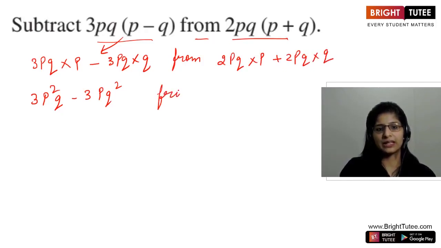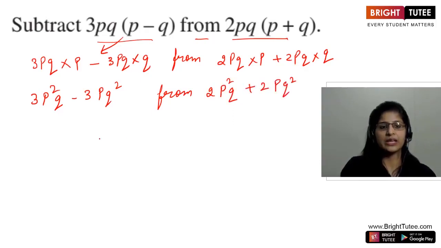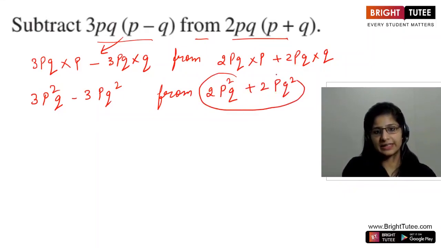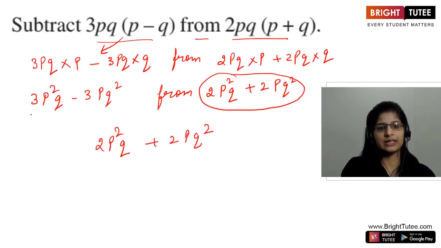So we have to subtract it from 2p square q plus 2pq square. So first of all we will write this, because from this we have to subtract 2p square q plus 2pq square. It is p square q, it will come up here, p square q minus 3pq square.